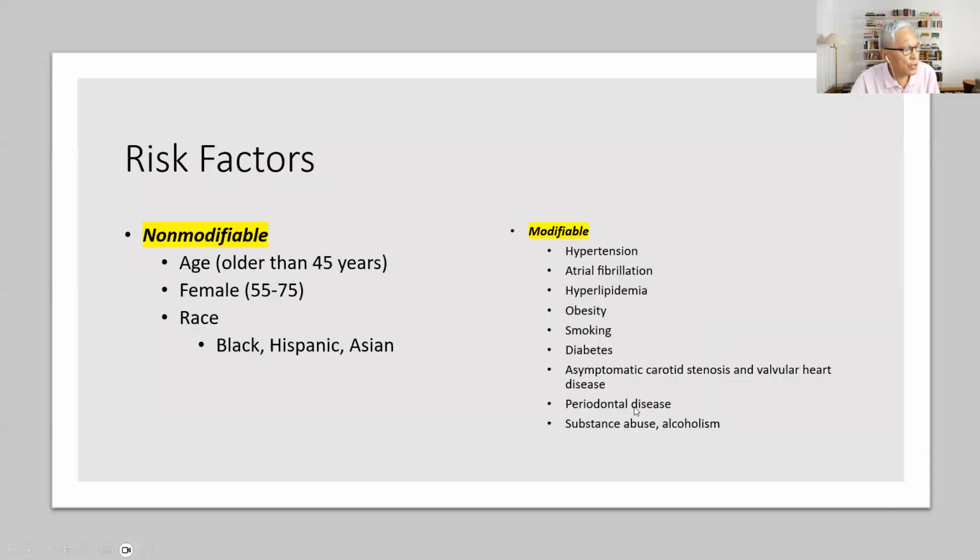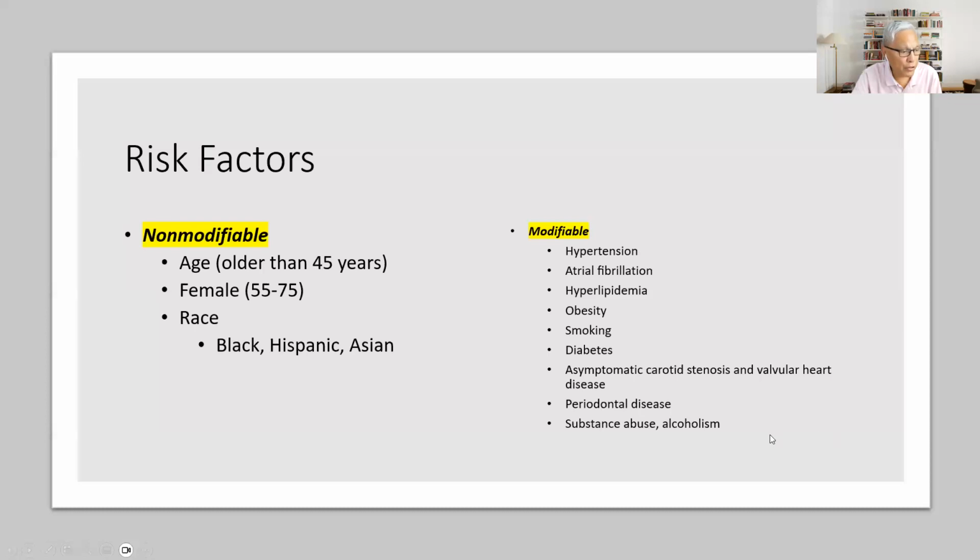All right. So the other modifiable risk factors are hyperlipidemia, obesity, smoking, diabetes, carotid stenosis, and valvular heart disease, because when you have valvular heart disease, there's a likelihood of blood clots to happen as well. And periodontal disease.